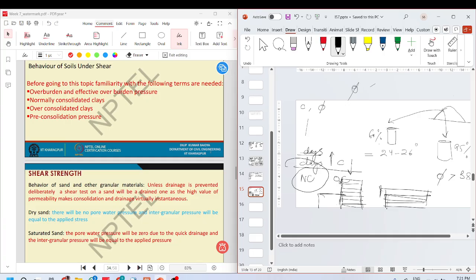Okay, now you see this state, something with the pen. Okay, this state and this state of the same pile are different. But when I say OC and NC, this also is relative.